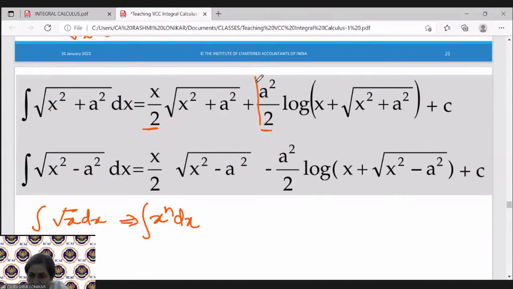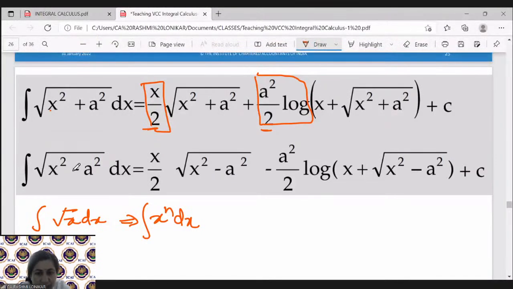This you remember, because this is simply the same that is given in the question. X upon 2 square root of x square plus a square, plus a square upon 2 log of x plus square root of x square plus a square. What happens when there is a minus sign inside the square root sign? It becomes x upon 2 square root of x square minus a square, minus a square upon 2 log of x plus square root of x square minus a square, plus c.